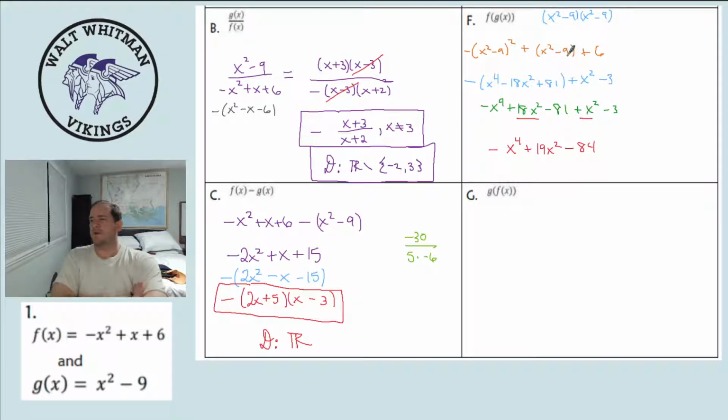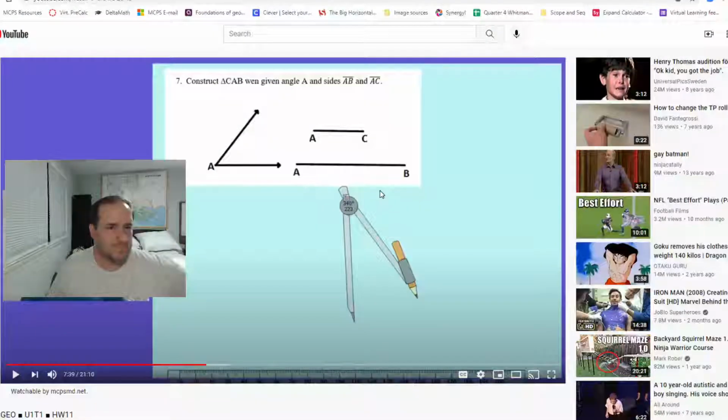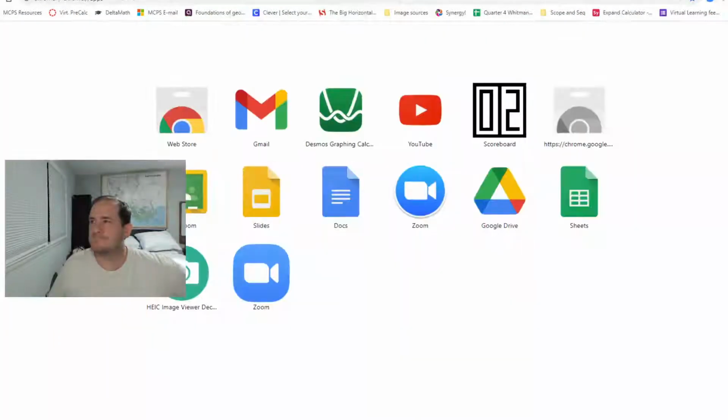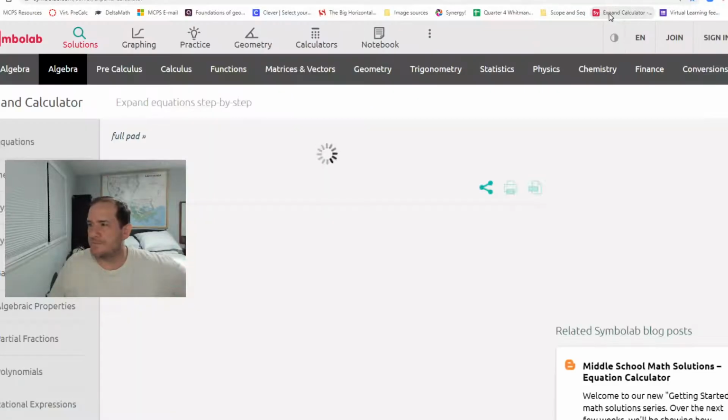And I don't even want to know if that's factorable. Is it factorable? Are there factors of 84 that will give us 19? I don't tend to care. But maybe we'll check. We can check. Go to the thing.